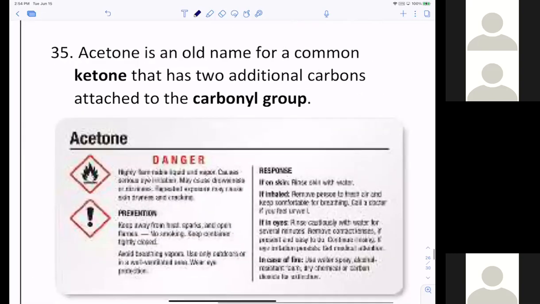Acetone, this one's a little bit weird because we just said acet means 2 carbons. But here, there's a carbonyl group somewhere in the middle of a chain. So acetone must be a ketone just from its name. And so if there has to be a carbonyl in the middle of the chain and it says acetone, then it's saying there's 2 carbons attached to that carbonyl group, right? That's the logic.